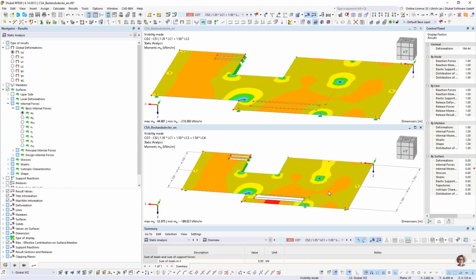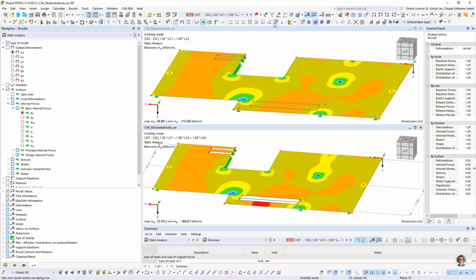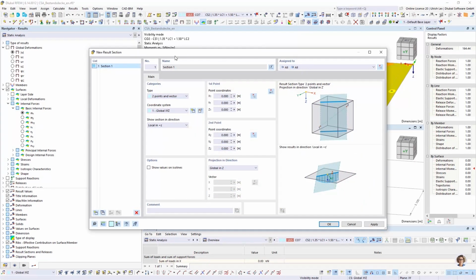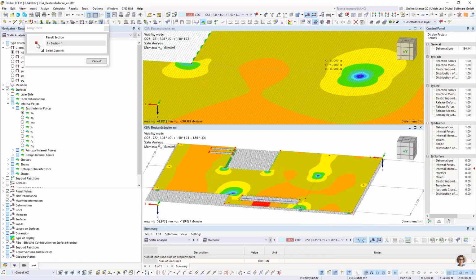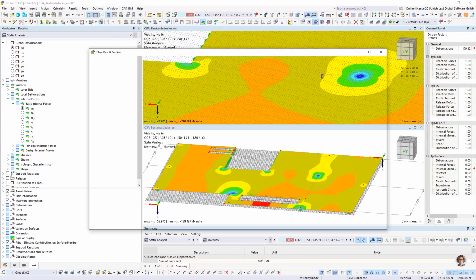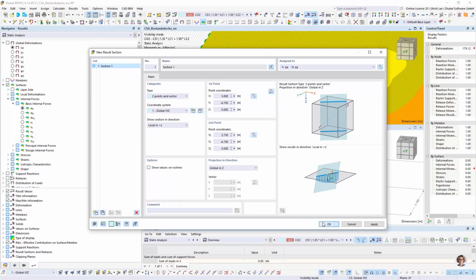Here you can use also maybe the result sections when you create here, maybe for this node, a result section.